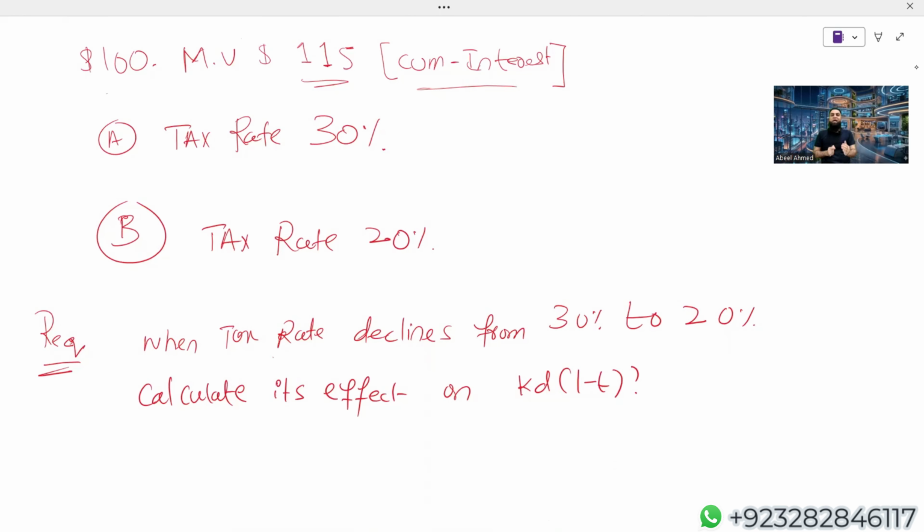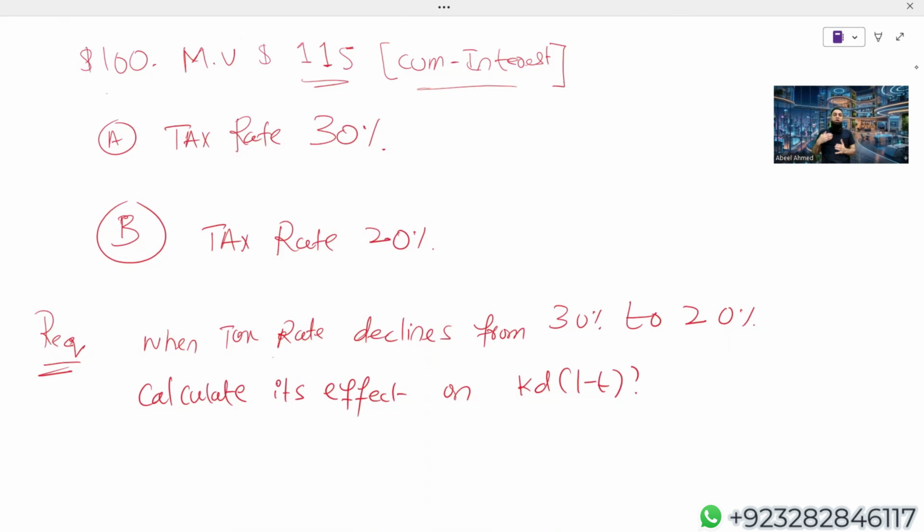Assuming earlier the tax rate was 40%, it means whatever interest the company was paying, which is a deductible expense, the company was saving 40% tax. If the tax rate reduces, then the company's tax saving from interest payments will also reduce. So logically, the cost of debt becomes expensive for you. Always remember, students, the relationship is reverse. If there's a decline in the tax rate, then the cost of debt becomes expensive for the organization.